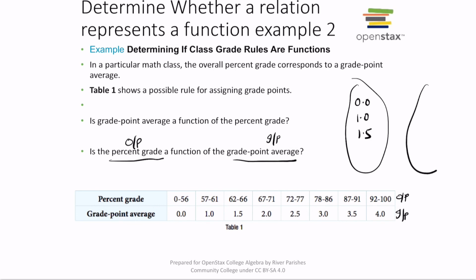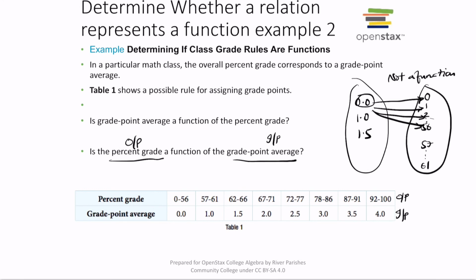Let's take a simple example. 0, 1, 2 and so on until 56, and you have 57 and so on until 61. 0.0 points to all these values. There is one input having multiple outputs. So this is not a function. So the answer for this is not a function.